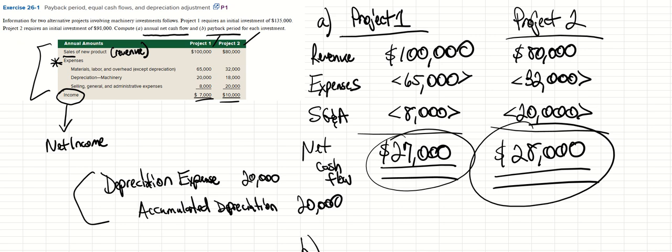The initial investment for project 1 is $135,000, and the initial investment for project 2 is $98,000. We need both of these amounts to figure out how many years it will take to recover these initial investments.